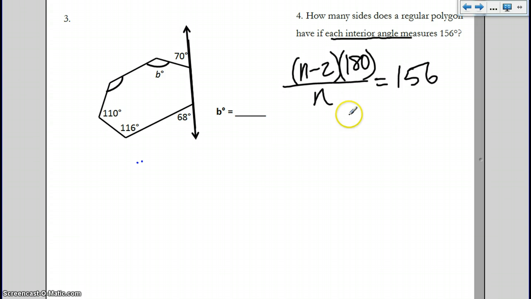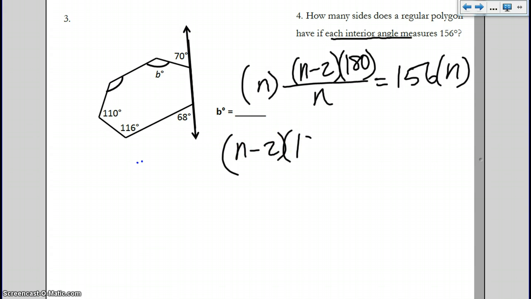So now I have an algebra problem. I multiply n by both sides. I get n minus 2 times 180 gives me 156n.